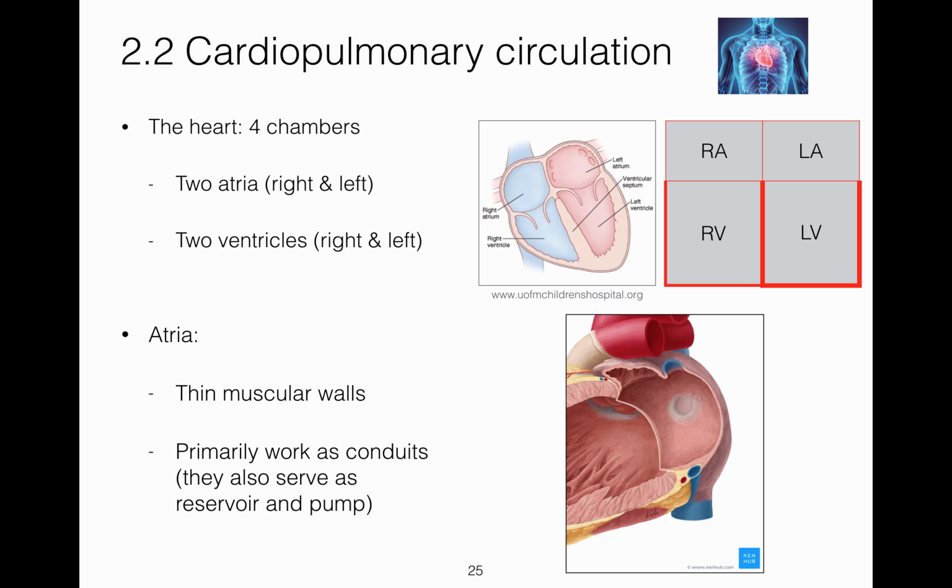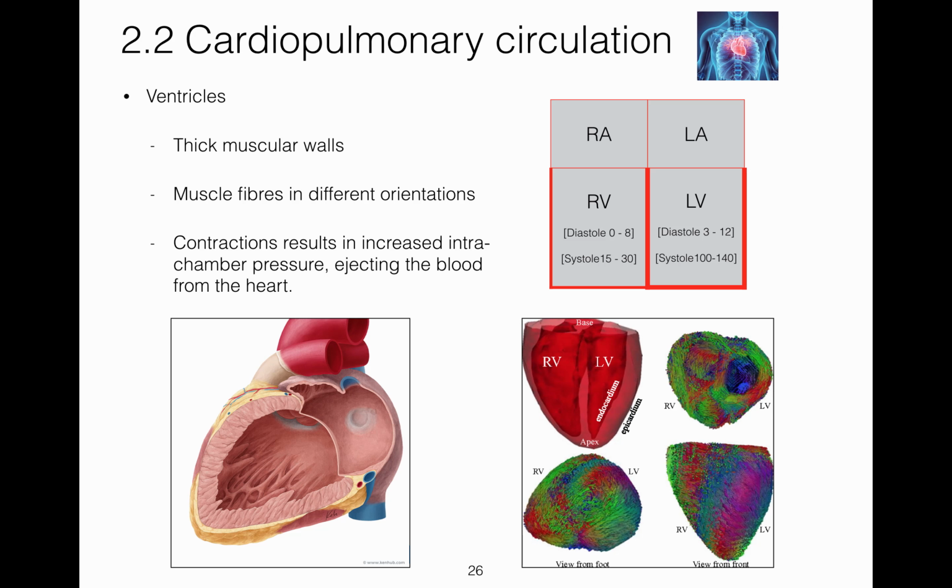That is, the atria have thin muscular walls to support their primary function as conduits, although they also do have reservoir and pump functions. The ventricles have thick muscular walls, with muscle fibers arranged in different orientations. When they contract, intraventricular pressure increases greatly, forcing blood from the heart.